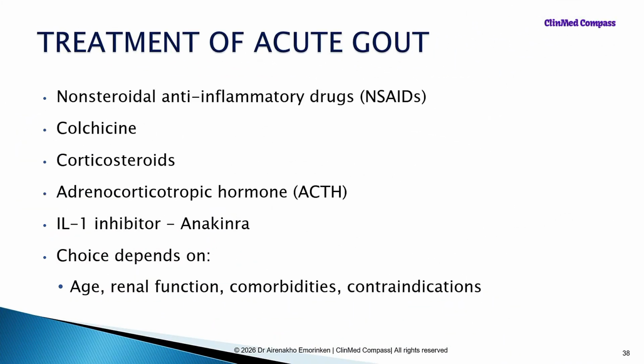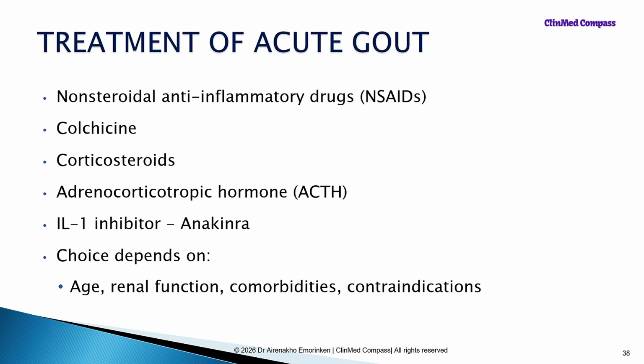For acute attacks of gout, it is essential to take care of the pain and inflammation. Several options include non-steroidal anti-inflammatory drugs, which are first line for many patients. Colchicine is highly effective if started very early. Corticosteroids, be it oral, intra-articular, or parenteral, are excellent alternatives, especially with renal impairment.